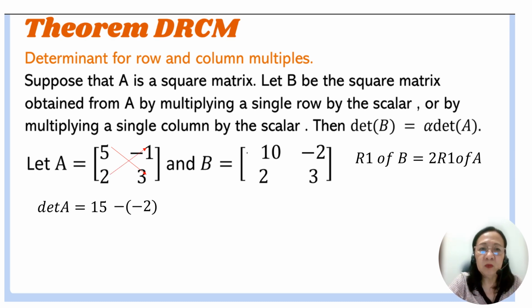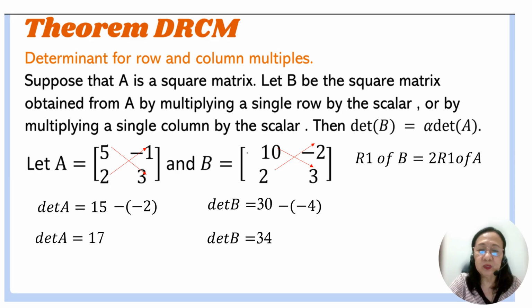That is now 15 plus 2, or 17. For the second one, we have 10 times 3, that is 30, minus 2 times negative 2, which is negative 4. So negative of negative, that is now 34, 30 plus 4.